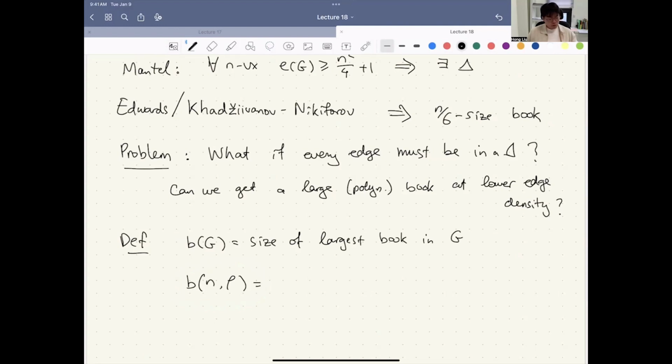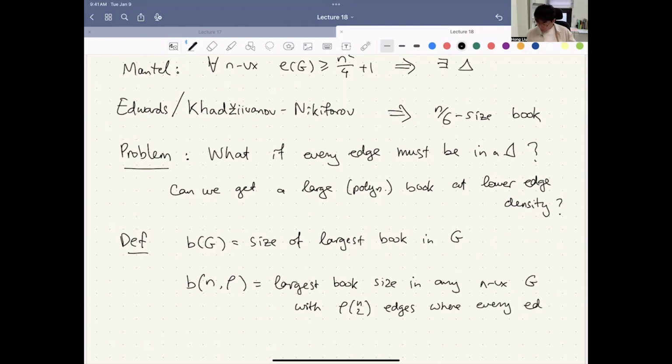Now we define this to be the largest book size in any n-vertex graph G with ρ(n choose 2) edges, where every edge is in at least one triangle.